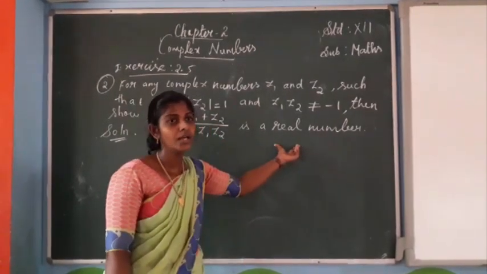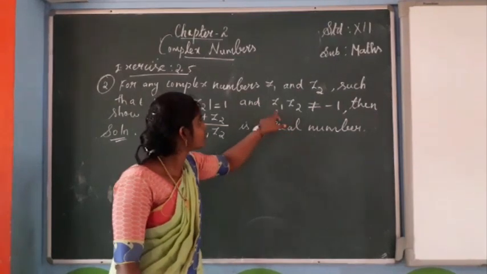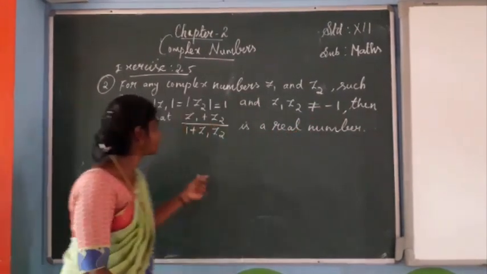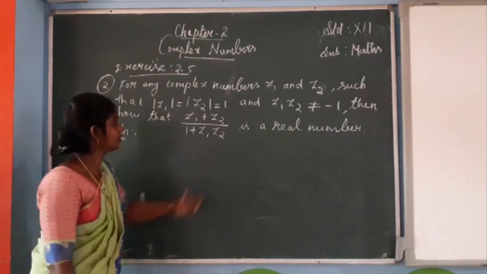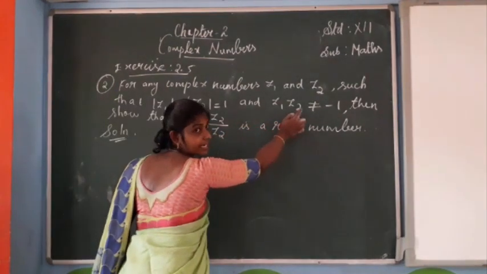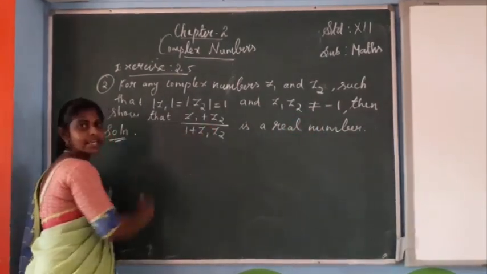We have to show it's a real number. Z1 Z2 is not equal to -1 because the denominator should not be 0. That's why Z1 Z2 not equal to -1 is given.